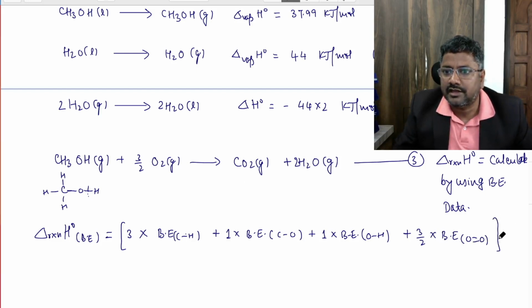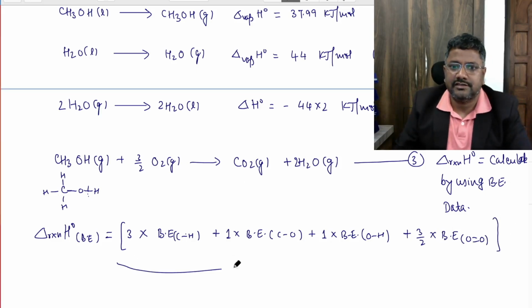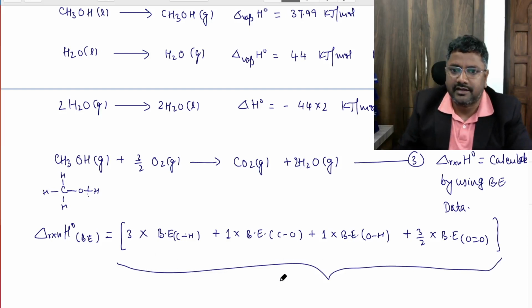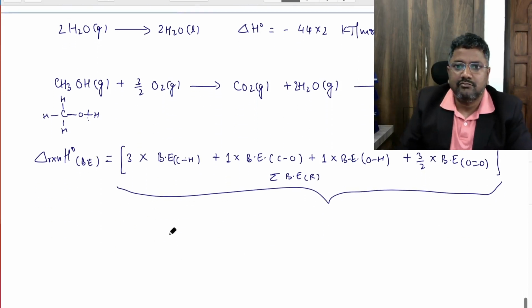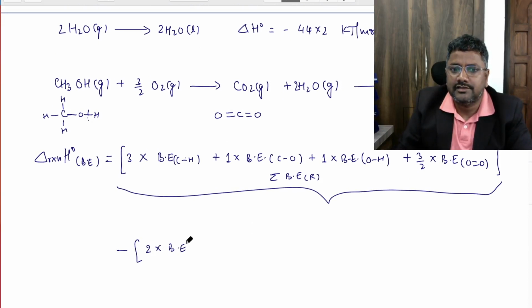So this is the reactant. Sigma of bond energy of reactant, right? Minus, carbon dioxide, what is the structure? O double bond C double bond O. So you have to write 2 into bond energy of C double bond O plus structure of OH is this, and it is 2 moles.